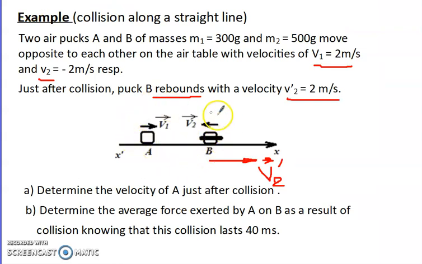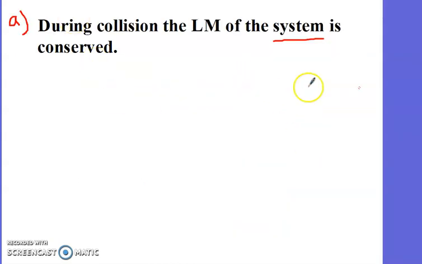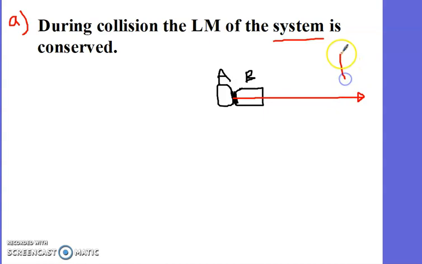Here it is. Why? Because this is our system. Let me draw it clearly here. This is our system, I mean the two pucks. This is B, and this is A. So here, collision. During collision, there is a force exerted by A on B. You see, it's a very big force.